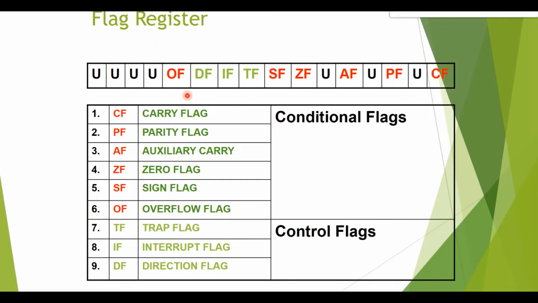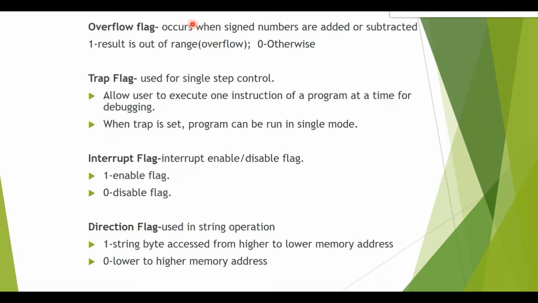Now in this we have 4 additional flags here. So we have the overflow flag. This overflow flag is again used when we do the operations on the signed number. So overflow means, suppose we have the 8-bit data and we do arithmetic operations, addition or subtraction instruction.